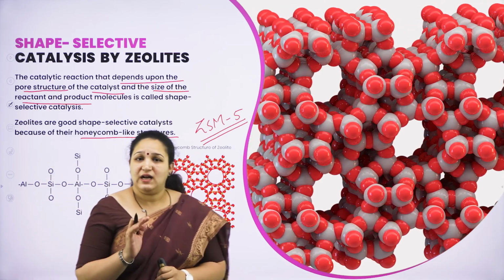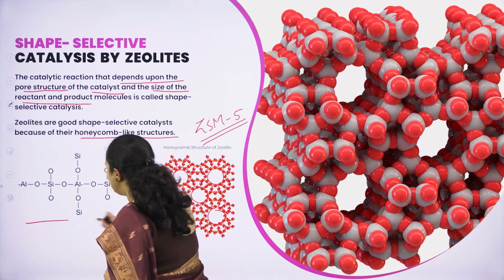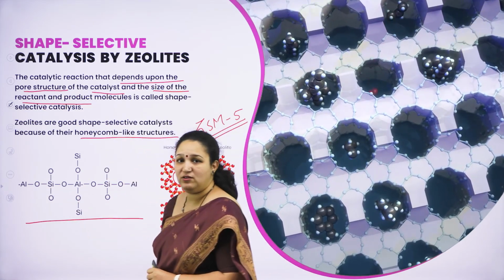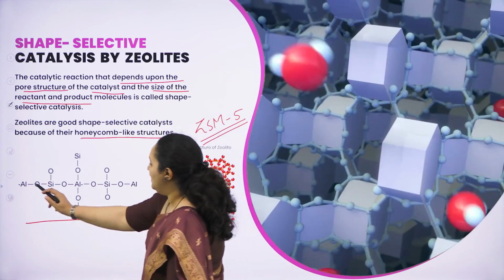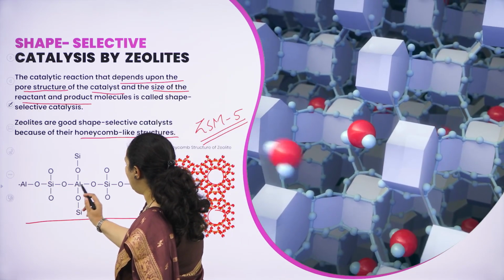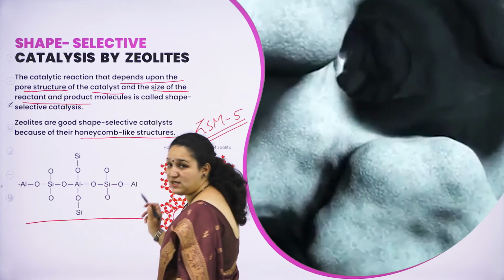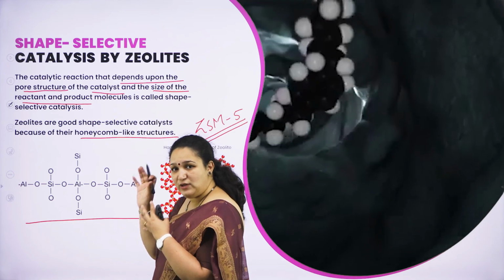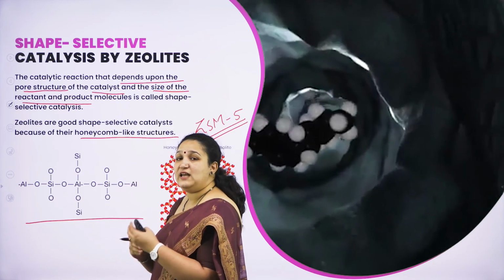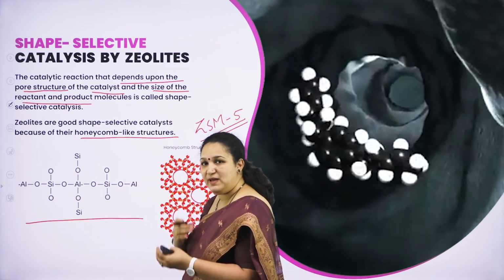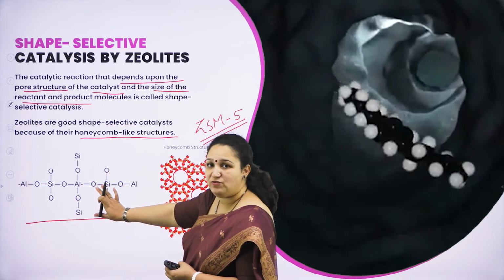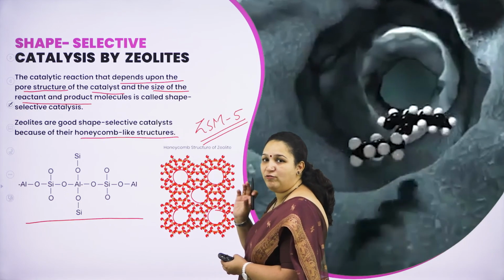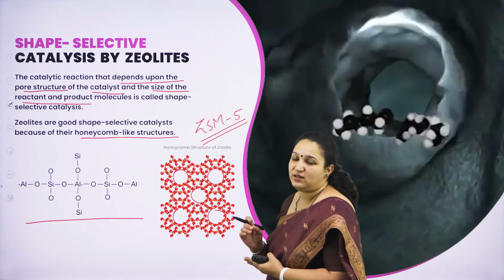Zeolites contain such a framework, that is, an aluminum oxygen silicon framework. You can see aluminum oxygen silicon, again aluminum oxygen silicon framework is there. Some of the silicon atoms, actually instead of aluminum it should have been silicon, but silicon atoms have been replaced with aluminum to get such a framework in zeolite, so that they get a particular type of pore and the reaction can happen.